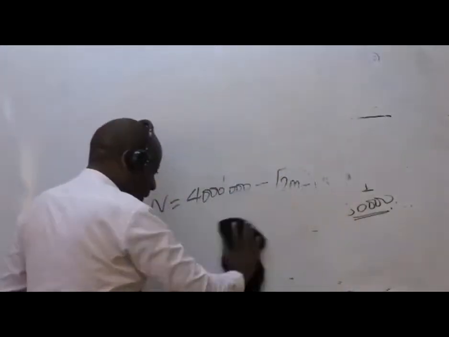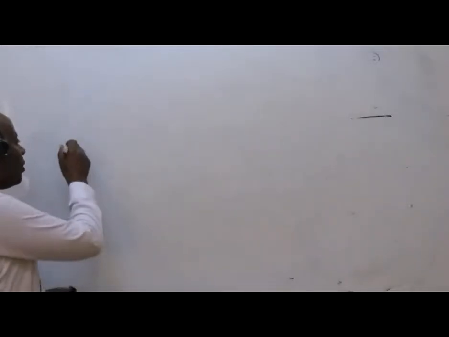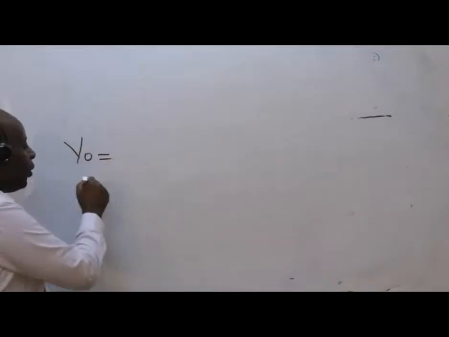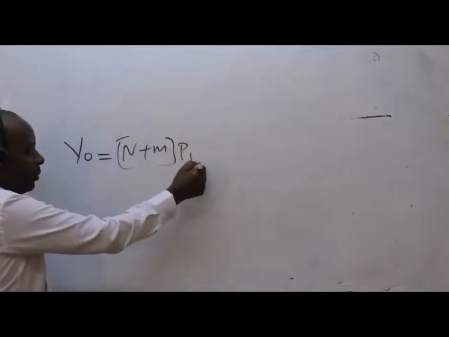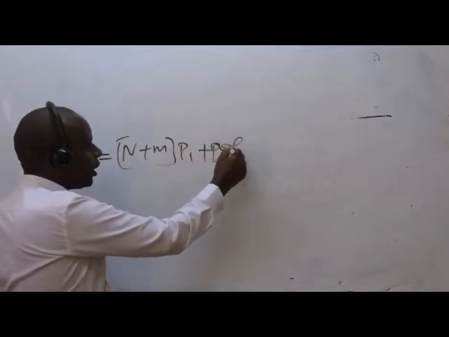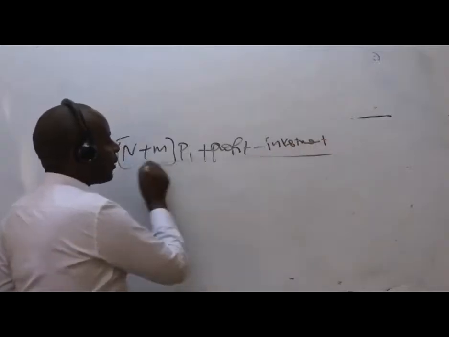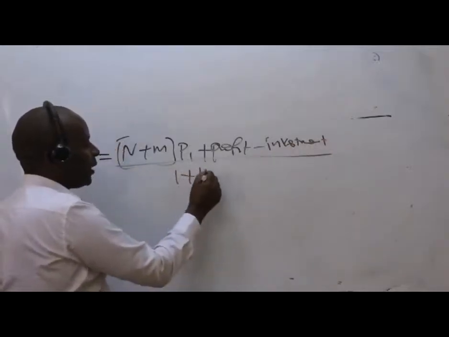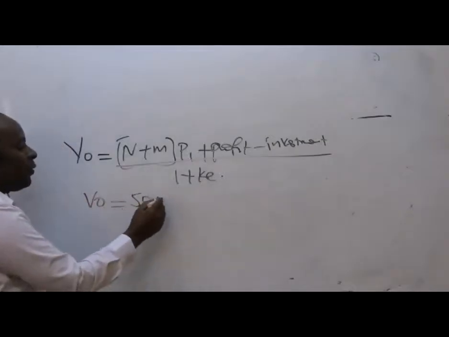So, ladies and gentlemen, this is what I will be having in my formula. My V0 will be equal to the new shares plus the old shares, multiplied by P1, plus any profit we generate, minus any investments we shall make in the current year, all over 1 plus KE. The new shares, you guys have given me a figure of 50,000.